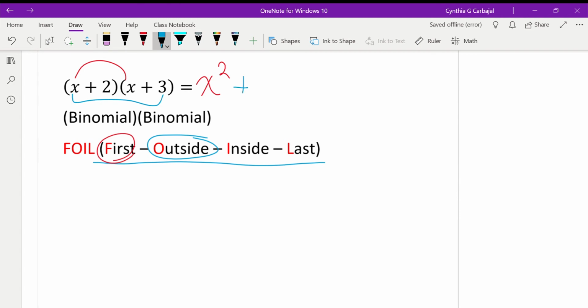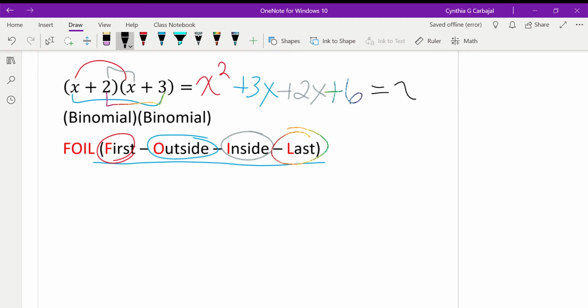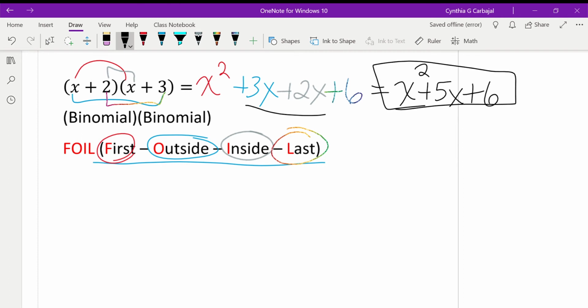So that's 3x. And then we would multiply the inside terms, which would be these two, which will give me a 2x. And then we would multiply the last terms, which would be these two, plus 6. Alright, then we would combine like terms. There's no other x squared, so that stays x squared. These two are like terms, so those will combine to give me a 5x. And there's no other regular number without a letter, so that stays a 6.